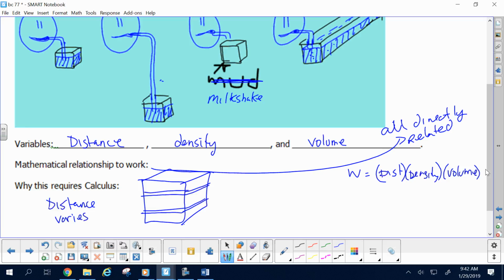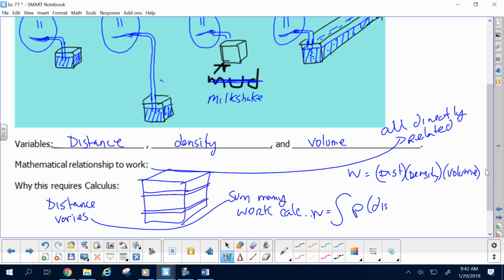The distance varies, and because of that, we'll need to sum many work calculations. All right, so it'll be an integral.